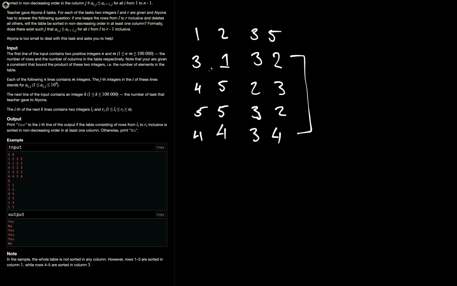We keep going through this. Say we're given a query like 2 5. We want to see, out of these columns, if we can reach the fifth row if we start at the second row.